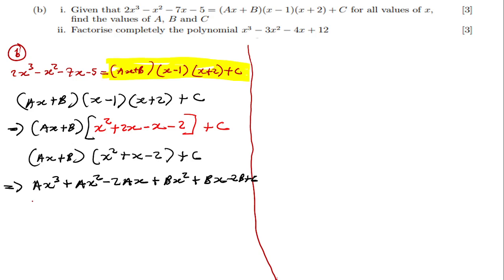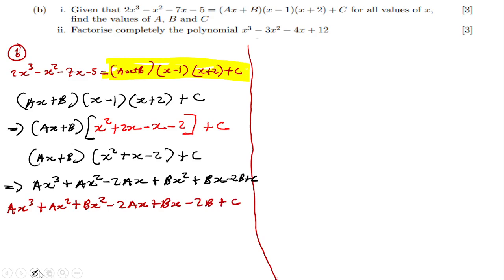Then negative 2ax is with bx, so I'll say negative 2ax plus bx. And then I'll say which one is remaining, the constant, negative 2b and c, they are the two of them. After that, this is what I'm now going to do.